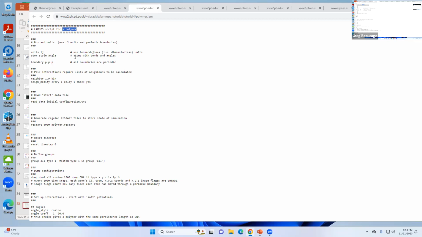So neighbor bin is how I'll describe the neighbor interaction. If in the simulation box the atoms don't know the positions of surrounding atoms, it will be difficult to make calculations. So you're putting neighbor at 1.9, meaning any atoms that are close to each other within the 1.9 radii, please make them neighbors.